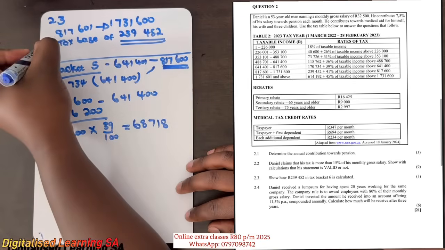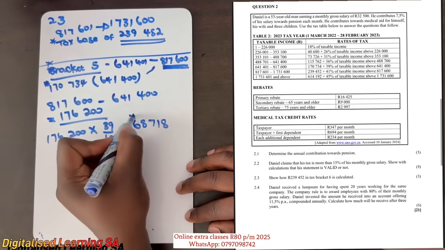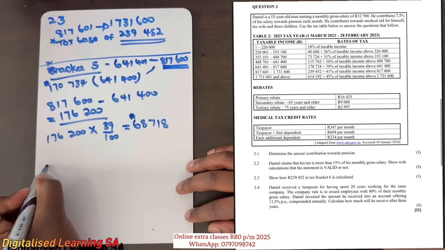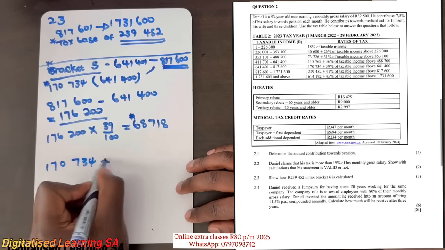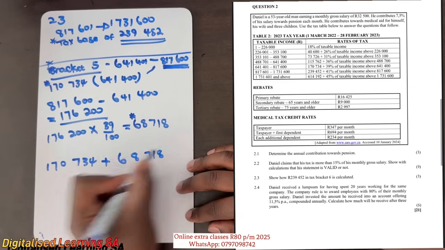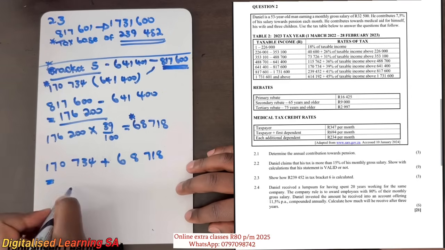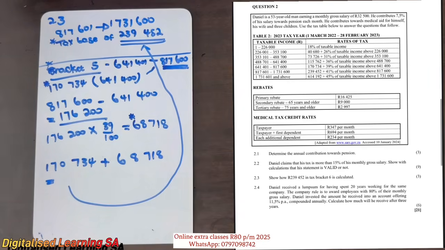So to get the tax base of tax bracket 6, we add the tax base for tax bracket 5 and the tax we calculated. So if we say 170,734 plus 68,718, this should give us our tax base for tax bracket 6.